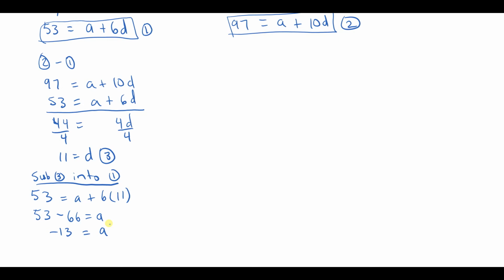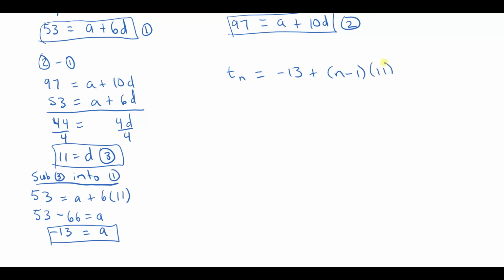So we have our general term now that we know a and we know d. That's everything we need to do the equation. So Tn is equal to minus 13 plus n minus 1 times d. D is 11. Okay.